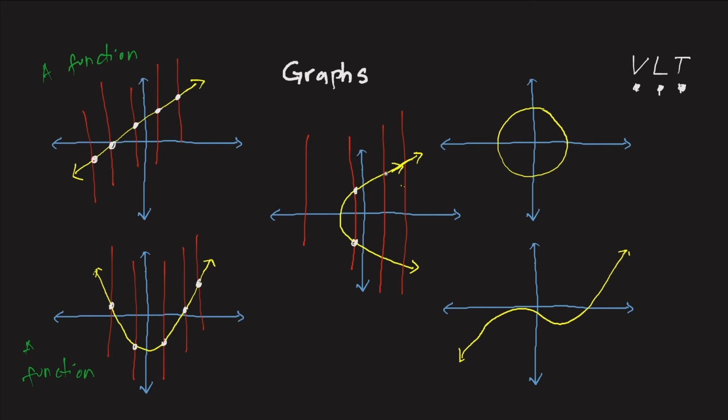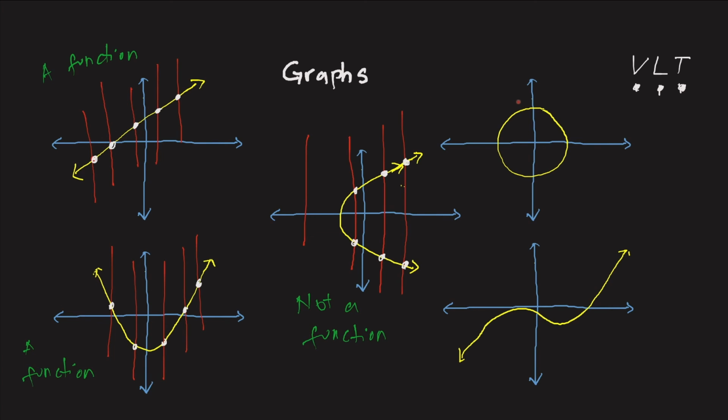And this line passes through the graph at 2 points, here and here. Also, this vertical line passes through the graph at 2 points. So, we say that this graph is not a function. Okay? Whenever the vertical line passes more than once in the graph, we say that that graph is not a function.